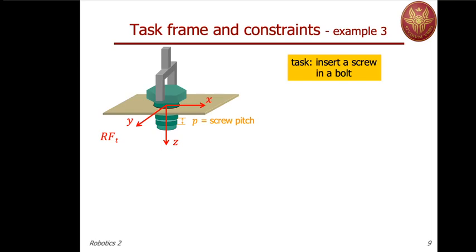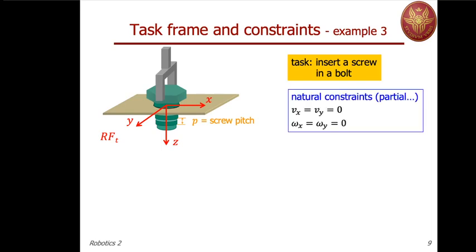Now, it would be different if we were inserting, let's say, a cylinder, so a peg in a hole, which does not have these bolt-type spirals. So in this case, we could progress by inserting with a certain speed while keeping the orientation, or while specifying also an angular speed along the z-axis. So the situation is completely different in this case.